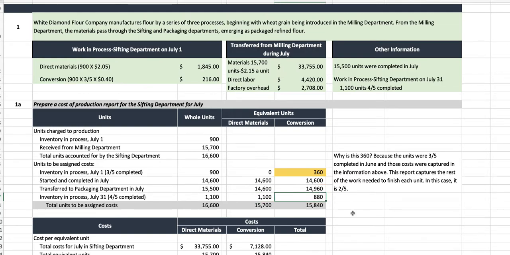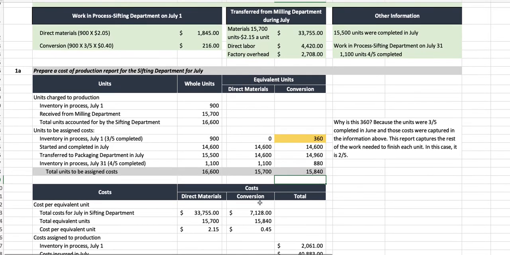But for conversion costs, I want to take my 1,100 and multiply it by the 4/5. And that gives me 880. And now my total units to be assigned cost is just a sum. There we go. So we finished the first part of the cost of production report.